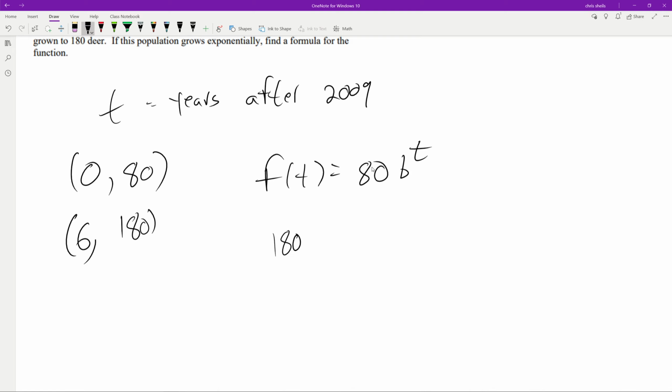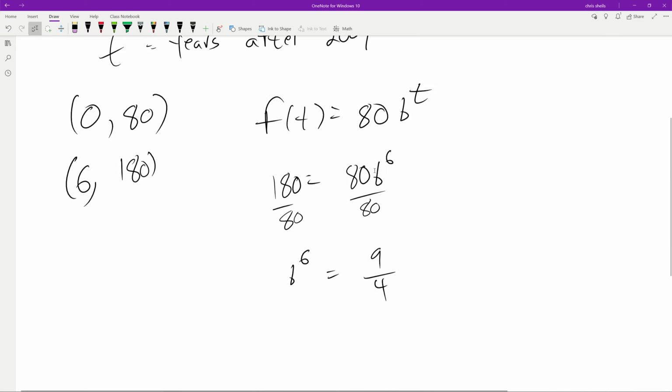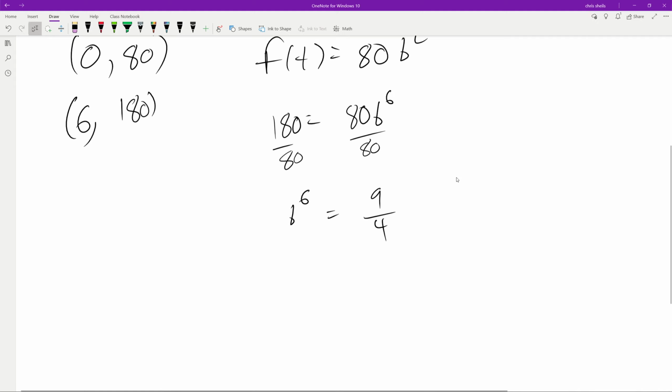If I have 180 equals 80 times b to the 6th power, I can divide both sides by 80, and I get that b to the 6th power is equal to 9/4. 180 over 80 simplifies to 9/4. To solve for b, I have to take the 6th root of both sides.